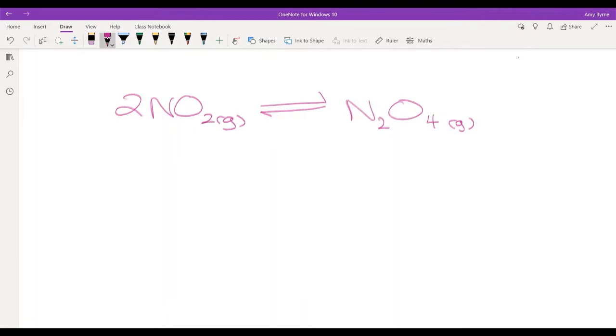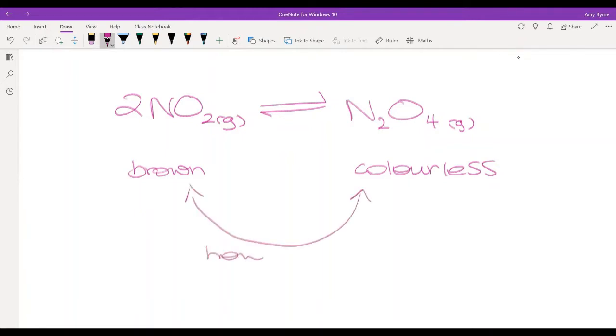My NO2 is a brown gas, whereas N2O4 is colourless. So I am looking for how pale or dark is my mixture. It's all about comparison.